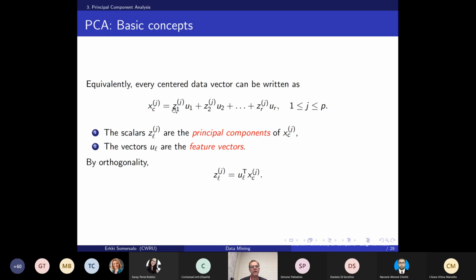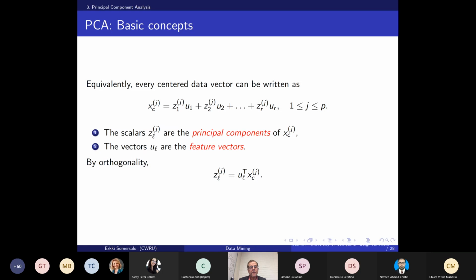So here it's written in a more compelling way. We have the centered data xj, and it is a linear combination of u1, u2, etc., ur. And then there are some coefficients, c1j, c2j, etc., crj. And each one of these data vectors is represented in this way.